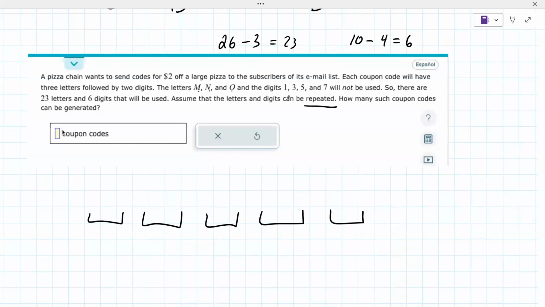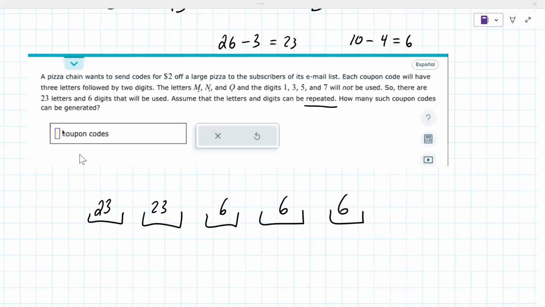Assume that they can be repeated. That's important. The 23, 23, those are the first 2 letters for the coupon code. And then 6, 6, 6. And you multiply these numbers together. So let me do that for you here.